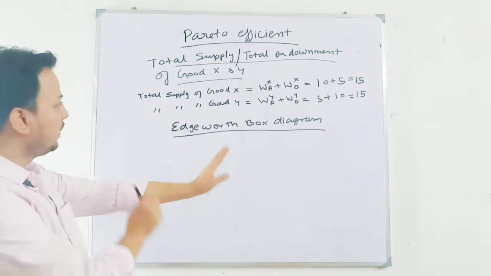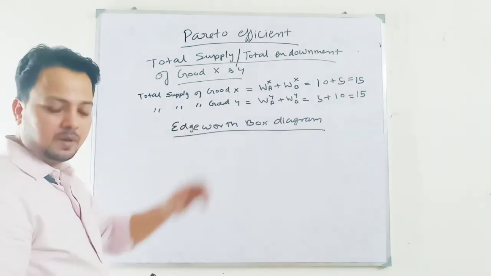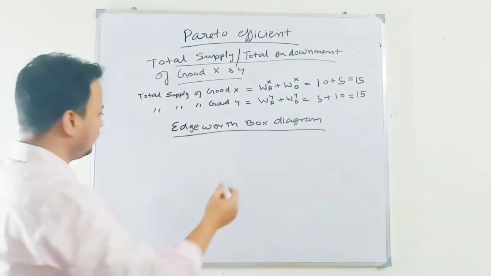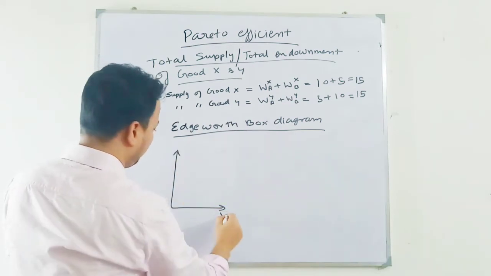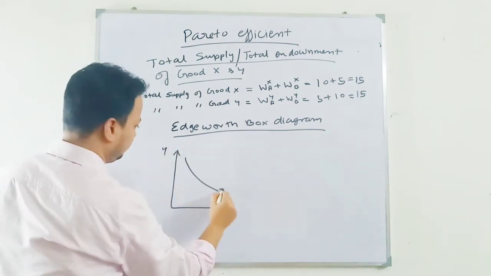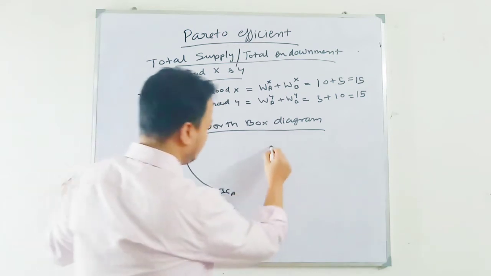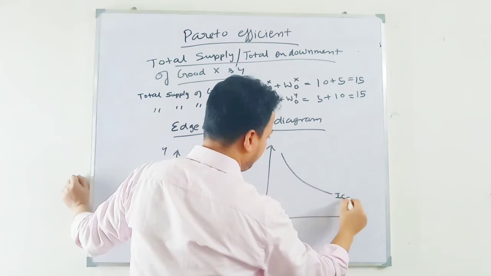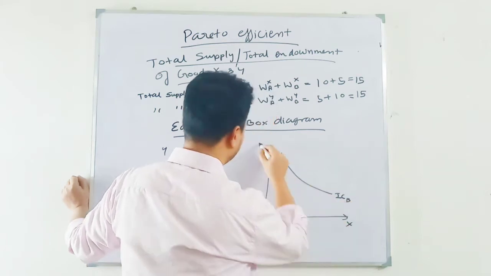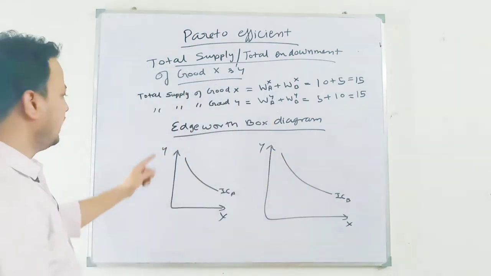So we are working on the assumption that the market is perfectly competitive. You have the preference of consumer A for goods X and Y, and you have the preference of consumer B also. So I have to make a box.